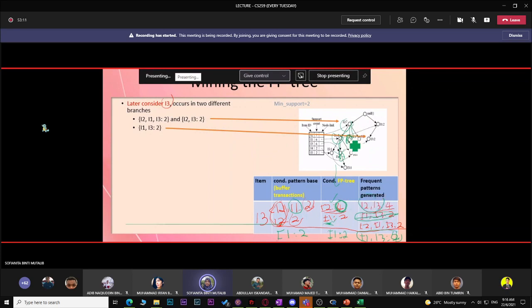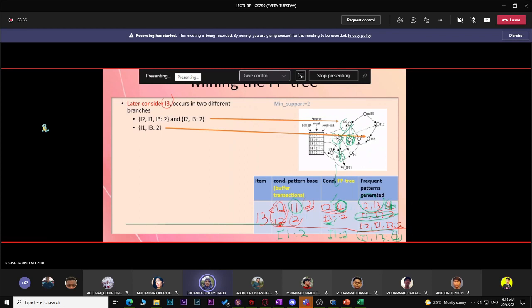So I2 and I4 occur more than minimum support value, which is 4. Okay, Apriori is very direct, means that it's just scanning, but here we are looking at the tree. So if we are looking at the item 4, what will be other items together with I4?